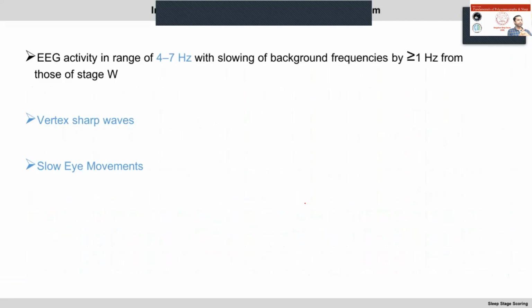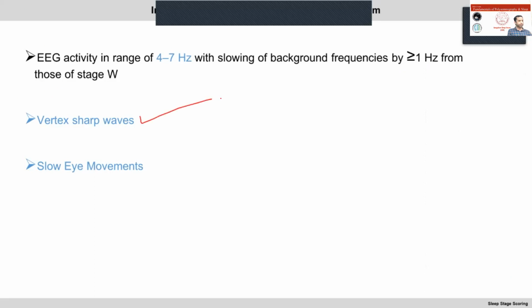So what else actually? EEG activity of range 4 to 7 hertz with slowing of background frequency by more than 1 hertz from that of stage wake. So there is slowing of background frequency, and there is low amplitude mixed frequency, but we have to see the vertex waves.